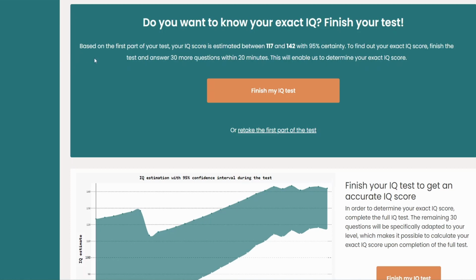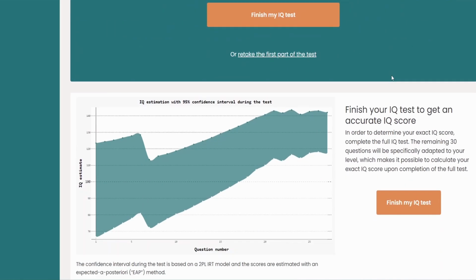Finish your test. Based on the first part of your test, your IQ score is estimated between 117 and 142 with 95% certainty. To find out your exact IQ, finish the test and answer 30 more questions within 20 minutes. This will enable us to determine your exact IQ.